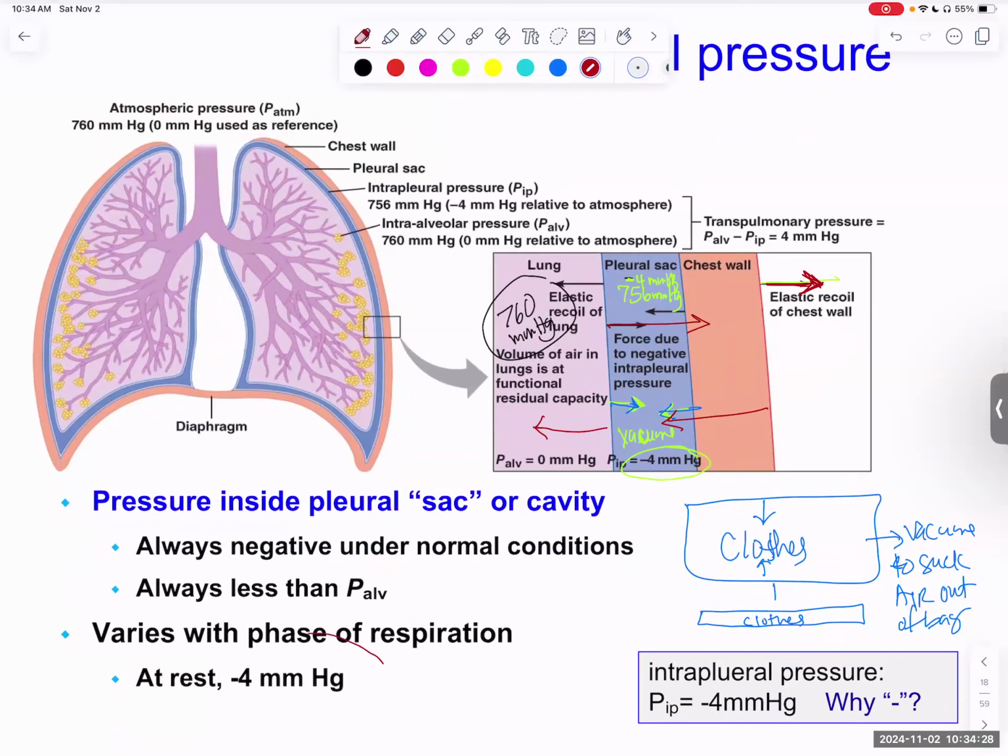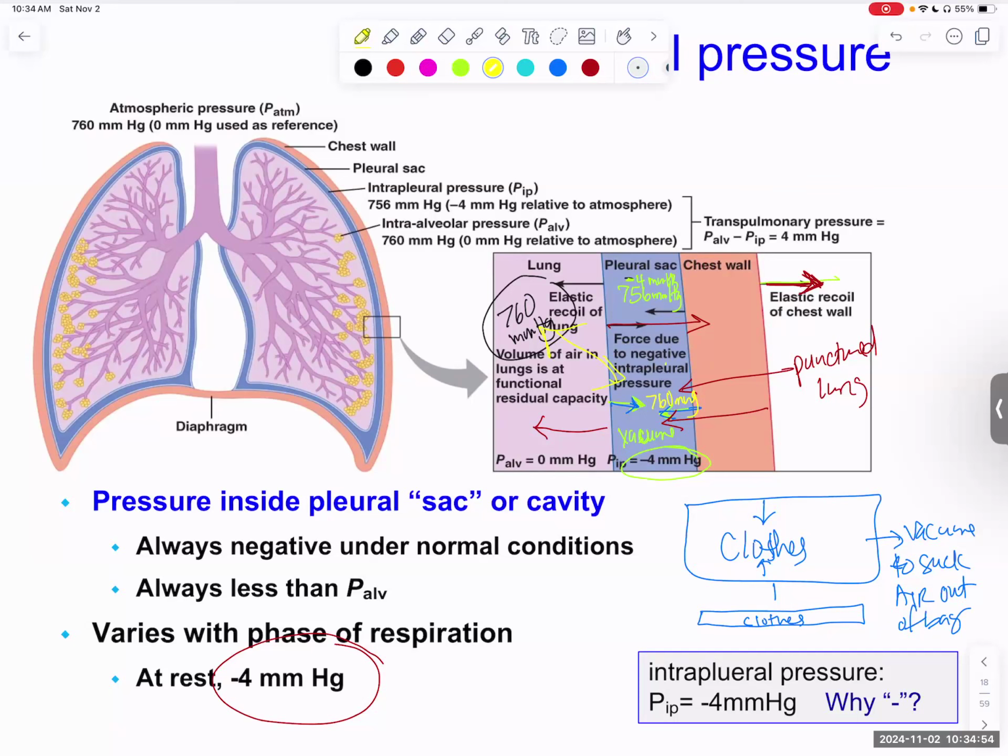If for some reason the pressure inside the pleural sac equilibrates with atmospheric pressure, like a punctured lung, then atmospheric air comes in, and now it's the same pressure as atmospheric pressure, and we don't have that vacuum anymore.